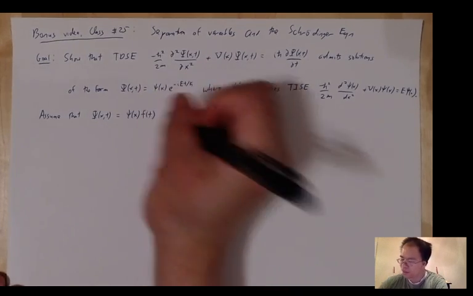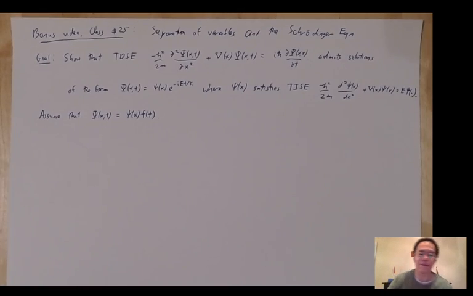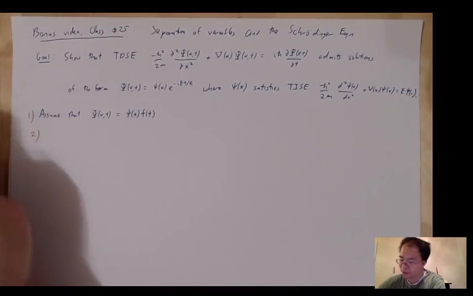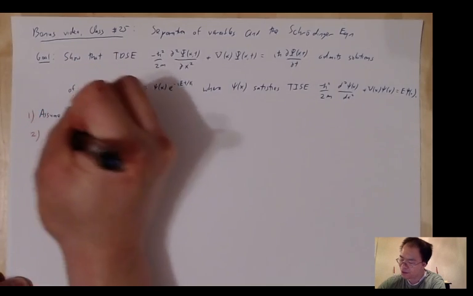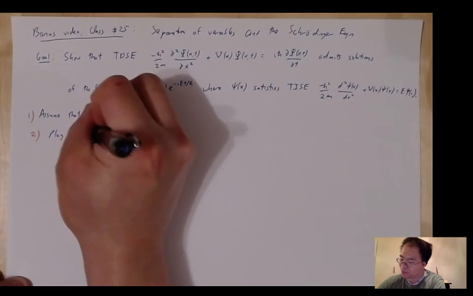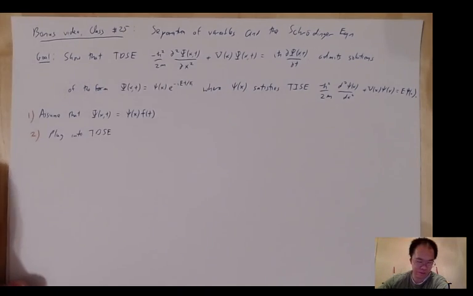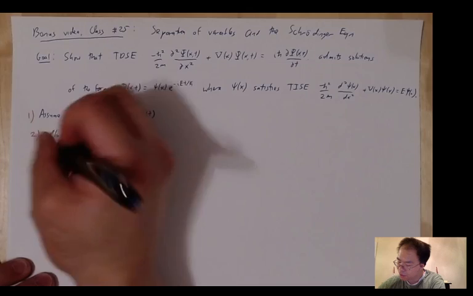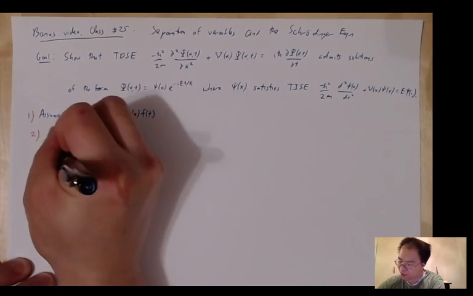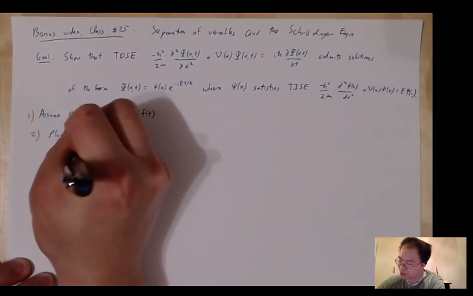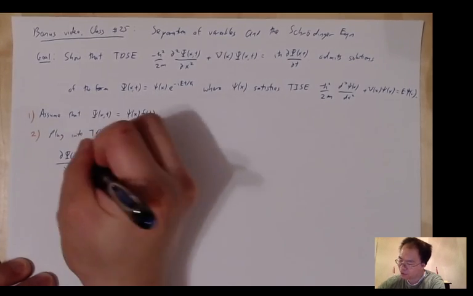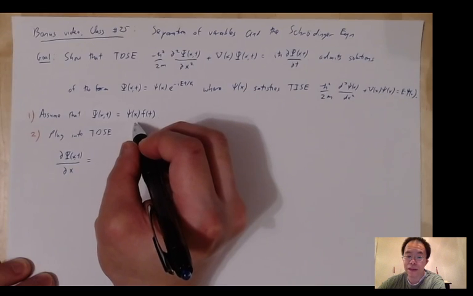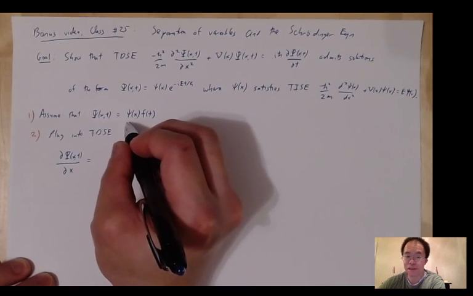Okay, so that's our first step. Our next step is going to be to plug that assumption into the time-dependent Schrodinger equation. So let's work out the derivatives we have to do. The key thing is that for partial Psi(x,t) partial x, because we're assuming it has this form, the only part that depends on position is psi.